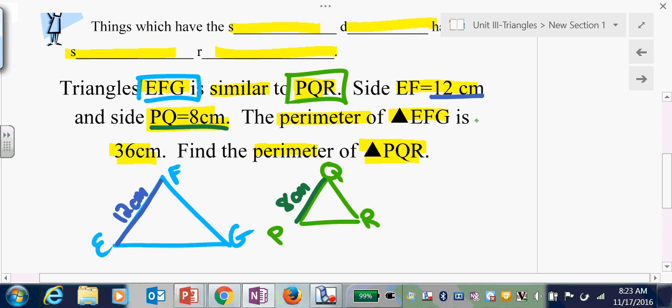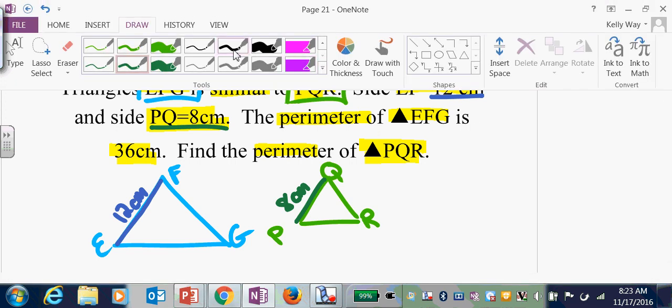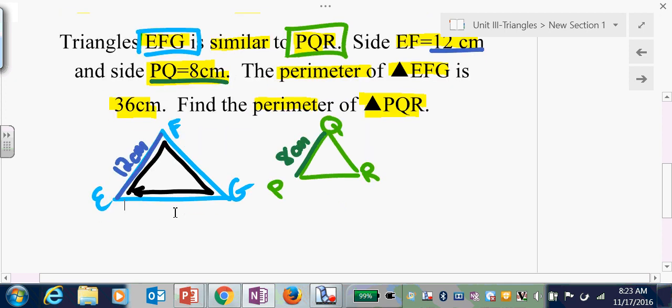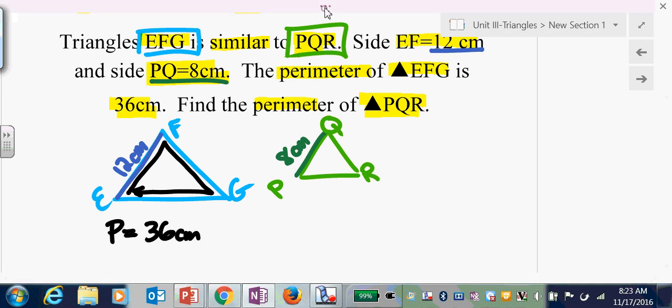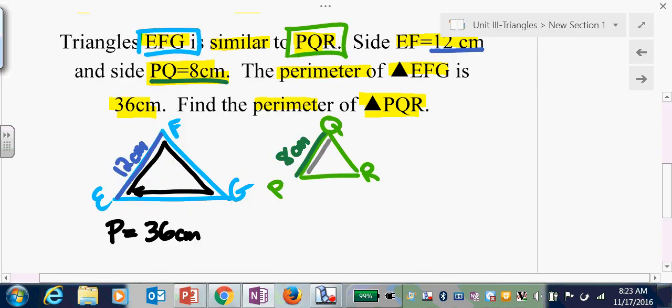The perimeter of EFG is 36. So I trace all the way around, and for perimeter, I put a little arrow there. That tells my brain I'm going around. So that entire perimeter there is 36 centimeters. And we are wanting the perimeter here.